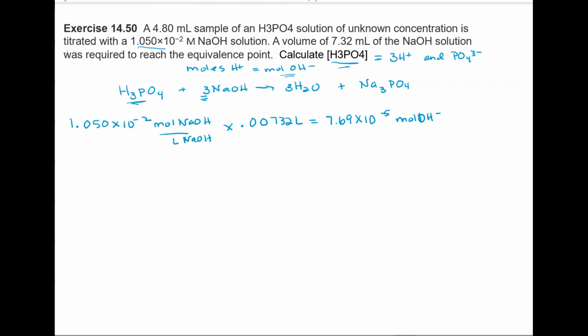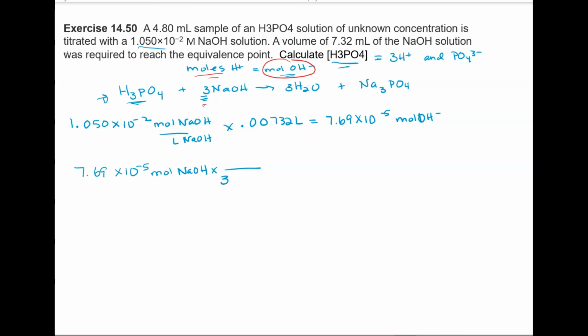So now I have this number, and that means that gives me the number of moles of H plus, but remember I got to take into account this. The way I would approach this is I would say, okay, I have 7.69 times 10 to the minus 5 moles of hydroxide, or you could also think of this as a regular stoichiometry problem, and that's moles of NaOH.